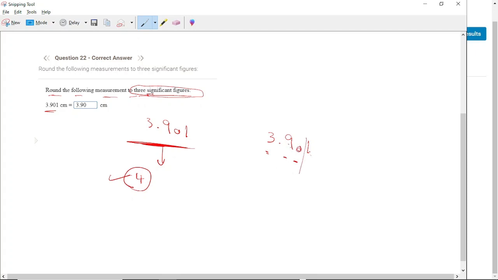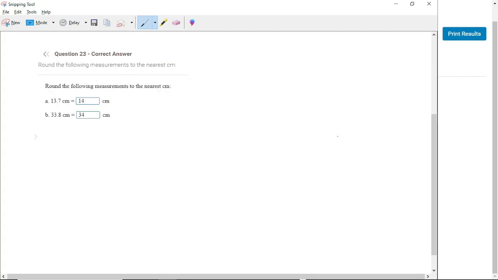To round this number, we'll see the number after the 0. This is 1, below 5, so this number will not be rounded, so it will be the same, 3.90 only. This is the answer.